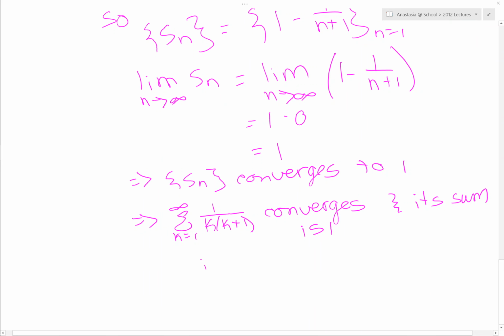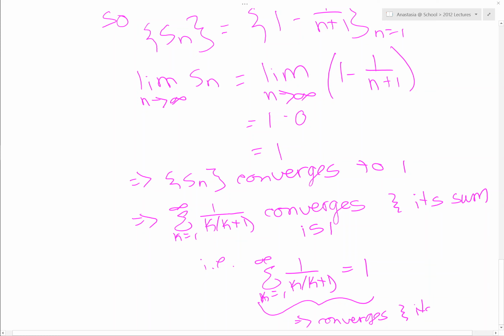In other words, the sum from k equals 1 to infinity of 1 over k times k plus 1 equals 1. One last thing I want to say here: if I had simply said this at the end, the sum from k equals 1 to infinity of 1 over k times k plus 1 equals 1, this means that it converges and its sum is 1.